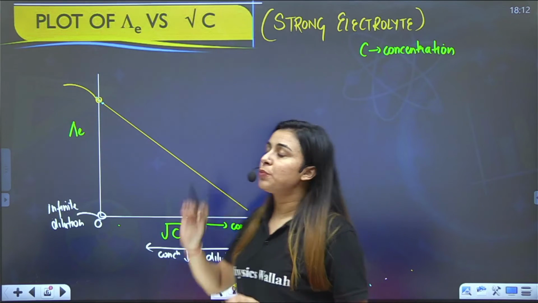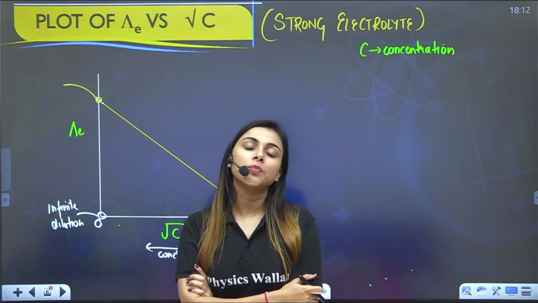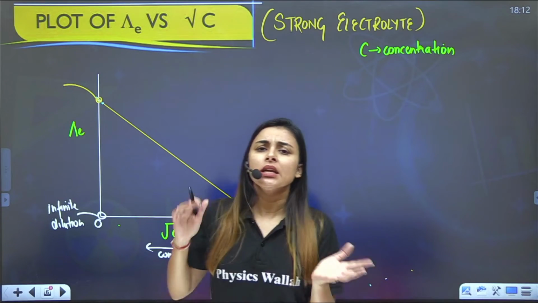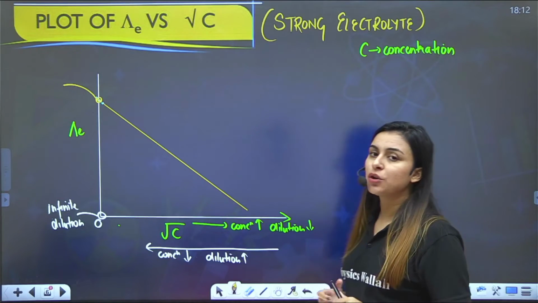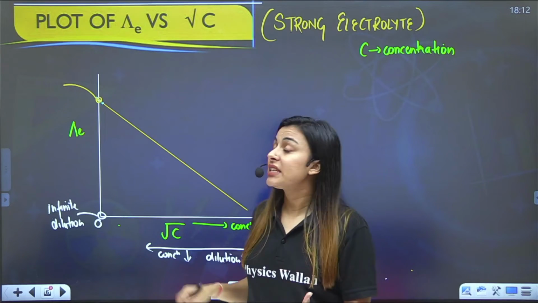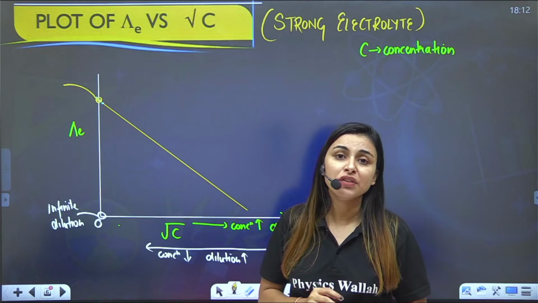So for strong electrolytes they extrapolated the plot, and for different strong electrolytes different plots will be drawn, and obviously the equivalent conductivity will also be different, but we can see that the nature of the graph is similar. That is a straight line with a negative slope.